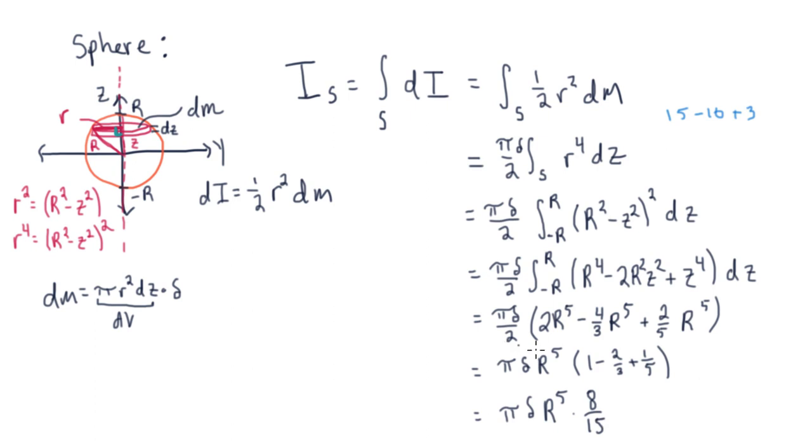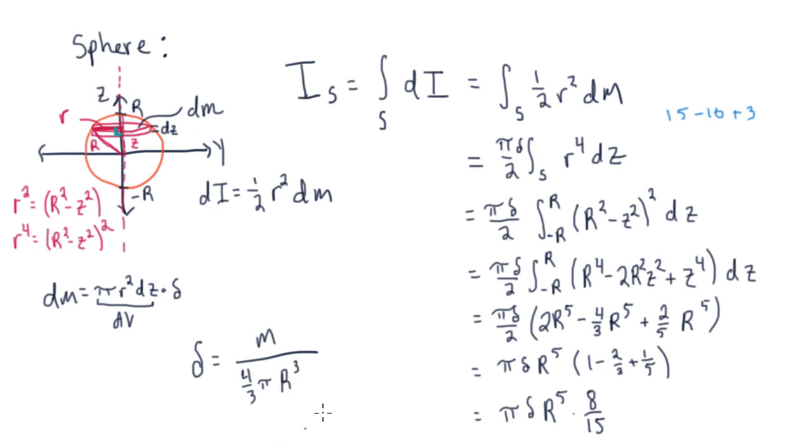But now we just want the answer in terms of R and M, because that's what we're given. We're given the radius of the sphere, and we know the mass of the sphere. So this is not so hard. We're going to do the same thing we did for the cylinder. The density of the sphere is the mass of the sphere divided by the volume. And the volume, we know from exercise 1, is this.